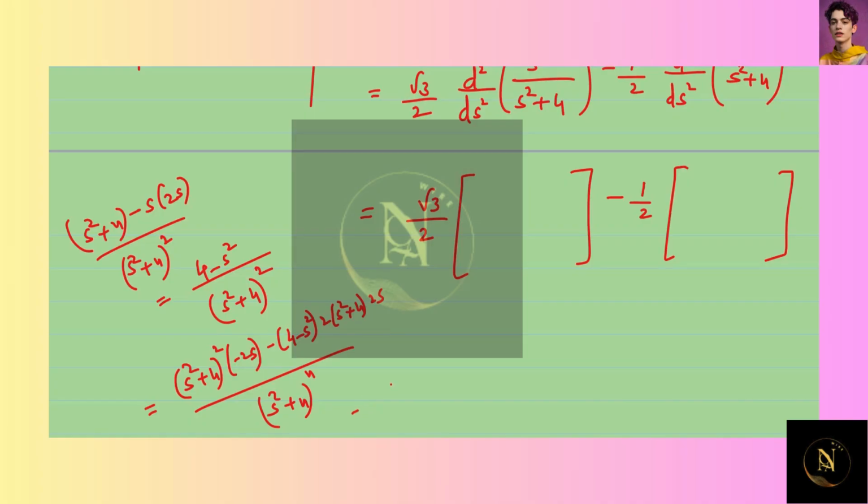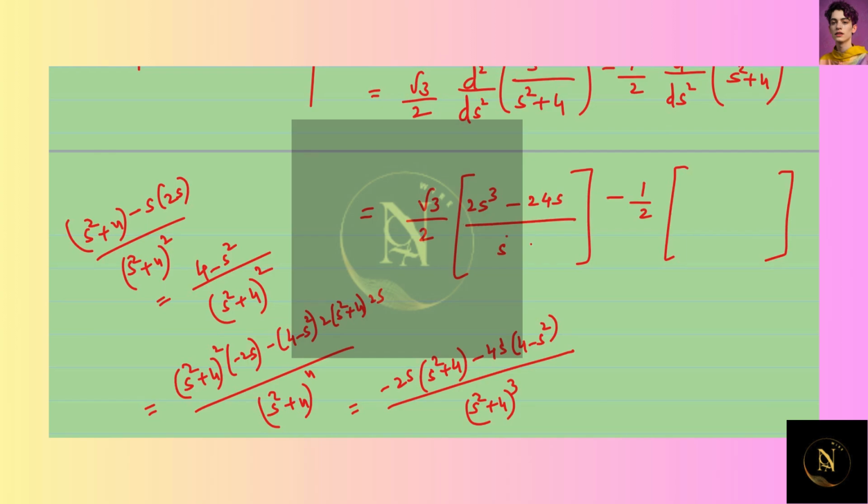S square plus 4 you can take common, so minus 2s into (s square plus 4) minus 4s into (4 minus s square), divided by (s square plus 4) the whole cube. If you simplify the numerator, you get 4s cube minus 2s cube, that is 2s cube, minus 8s minus 16s, minus 24s, divided by (s square plus 4) whole cube.